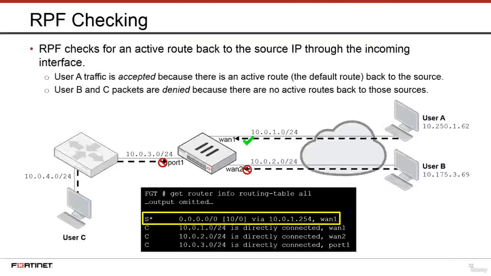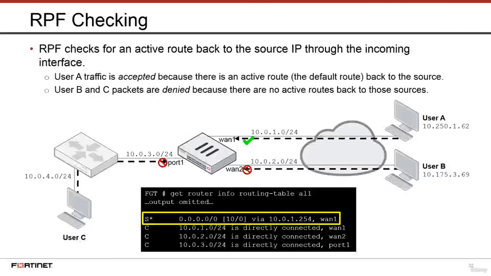Port 1 will not route traffic because the subnet for user C is 10.0.4.0/24. There is no active route for that subnet through port 1. So traffic coming through from 10.0.4.0/24 to port 1 will be dropped because it failed the RPF check.